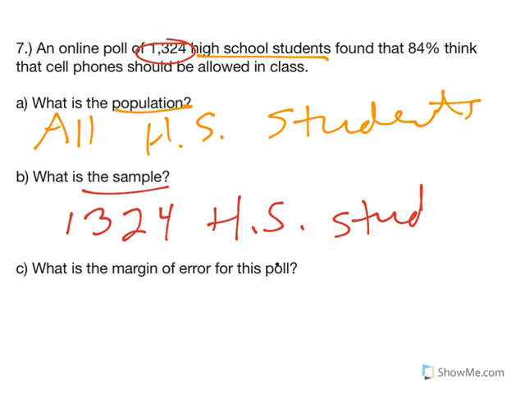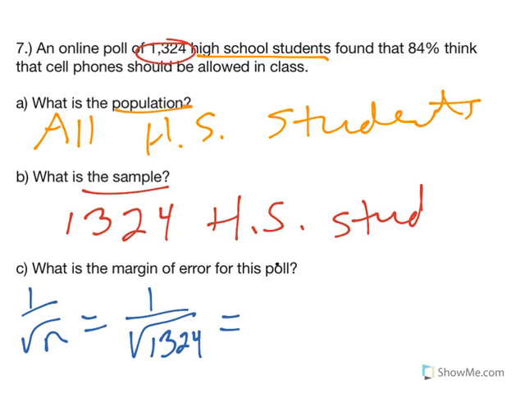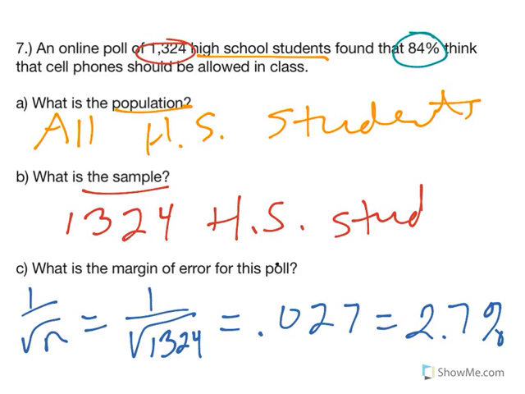We just practiced margin of error. So 1 over the square root of n. I take 1 over the square root of 1,324, which gives me 0.027 or 2.7% for my margin of error. I use that for my confidence interval. And recall that the 84% is what I'm going to use as my estimate.